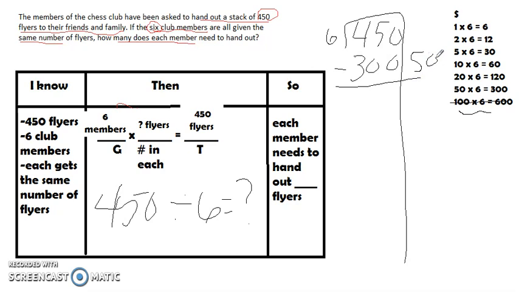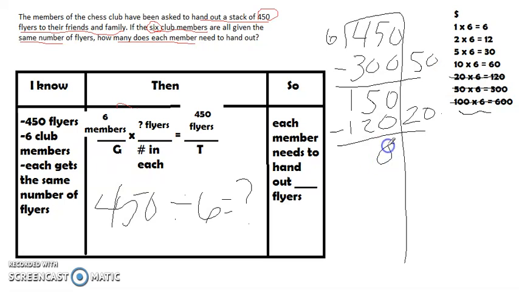So I can subtract 0 minus 0, 0, 5 minus 0, 5, and 4 minus 3, 1. Well, now I can't subtract 300 because it's too big, but I can subtract 120, which is 20 groups of 6, because 20 times 6 is 120.